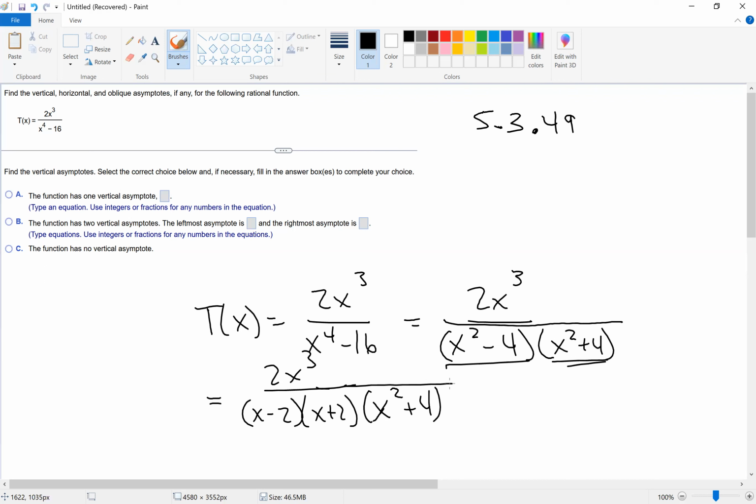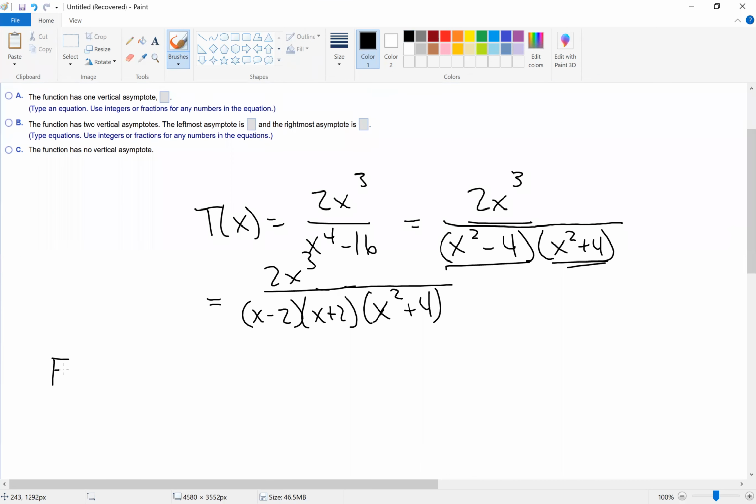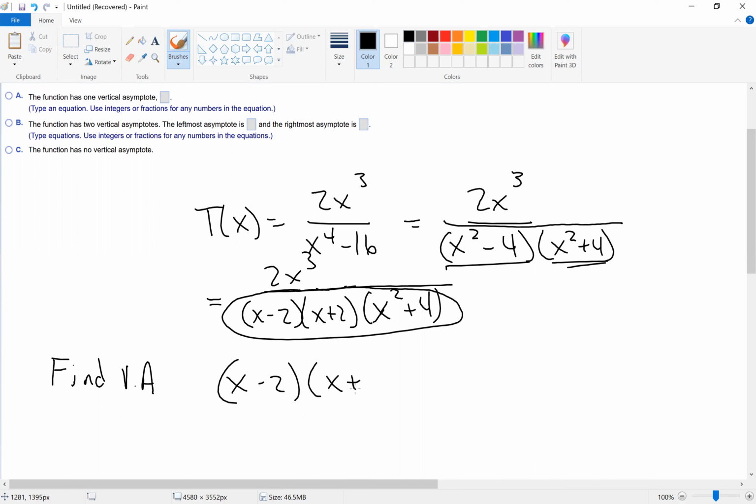Nothing cancels here. So if nothing cancels, we just set everything equal to 0. Our job is to find the vertical asymptotes, so we set the denominator equal to 0: x minus 2 times x plus 2 times x squared plus 4 is equal to 0.